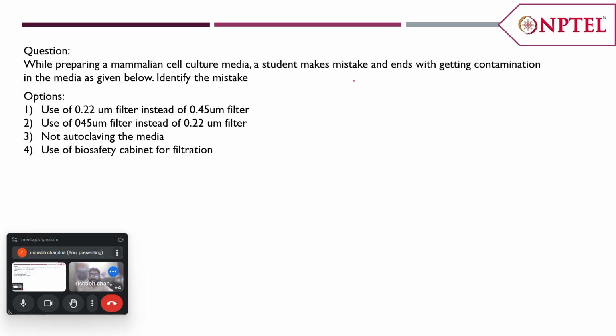So, if we can see, the average microbial size that we are having is greater than 0.22 micron. This microbe can be bacteria, protozoa, or any other unwanted stuff that can bring contamination to the mammalian cell culture. So that is greater than 0.22 micrometer.